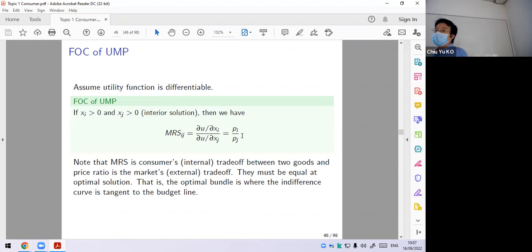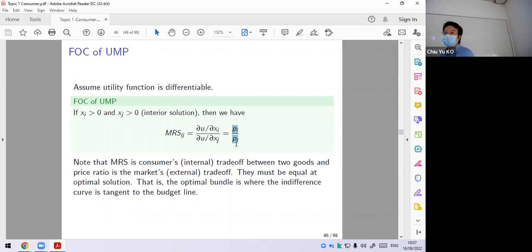The intuition is very simple, as we said last class. The MRS is the internal exchange rate: how much you are willing to trade one good for the other, keeping your utility the same. And this is the budget line, whose slope is the external exchange rate.